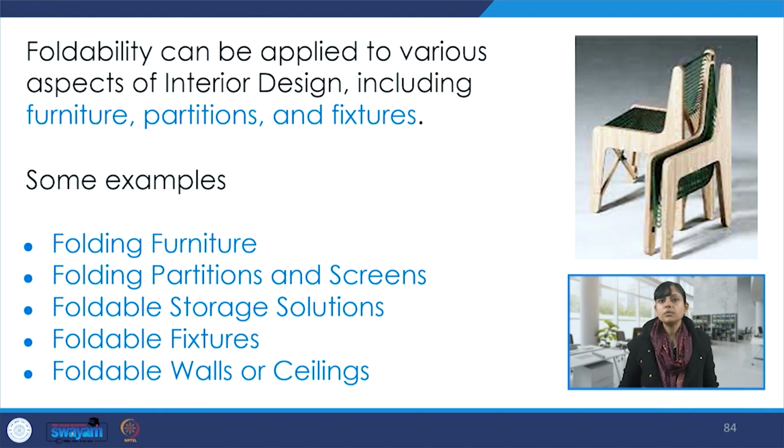Then, of course, foldability can be applied to various aspects, including furniture, partitions, fixtures, and these are some of the prominent examples. So, folding furniture, folding partitions and screens, foldable storage solutions, foldable fixtures, even foldable walls or ceilings. And we again saw some case studies and examples.